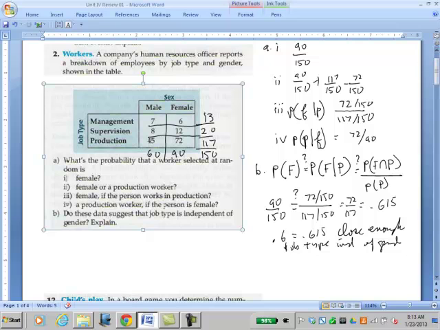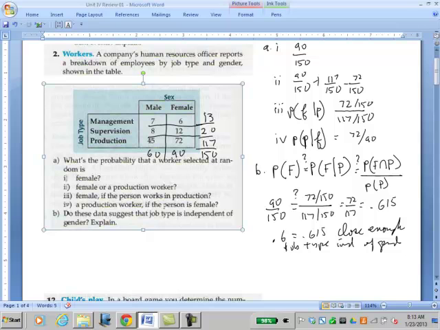Before we move on, any questions? Yes? You mean part B? Okay, I'm going to review B. Does the data suggest that job type is independent of gender? Oh, no, part A, II.